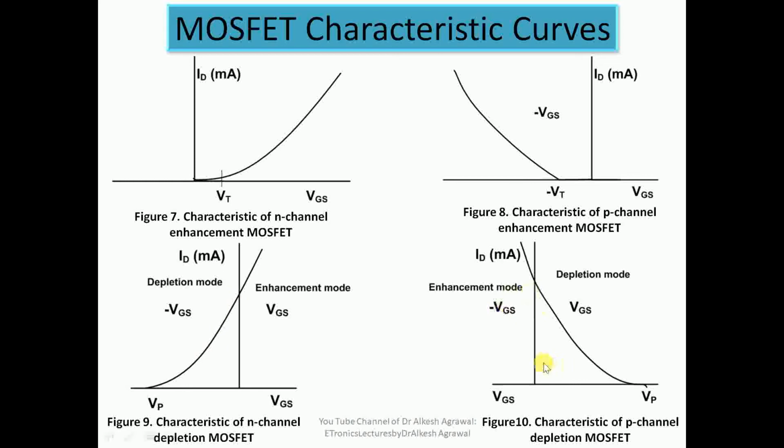The same is the case with P channel depletion MOSFET. Since it is a P channel MOSFET, if a negative voltage is given to the gate with respect to source, the channel will be enhanced, but if a positive polarity voltage is given, it gets depleted. So these are the characteristics for N channel and P channel enhancement MOSFET and N channel and P channel depletion MOSFET.